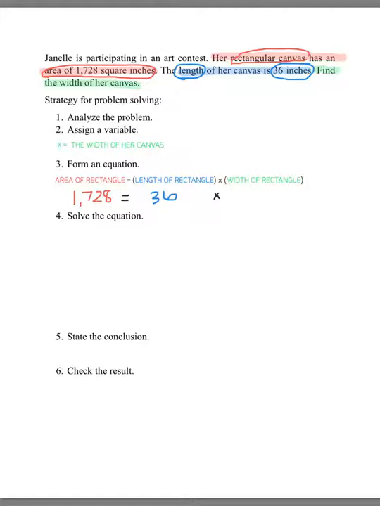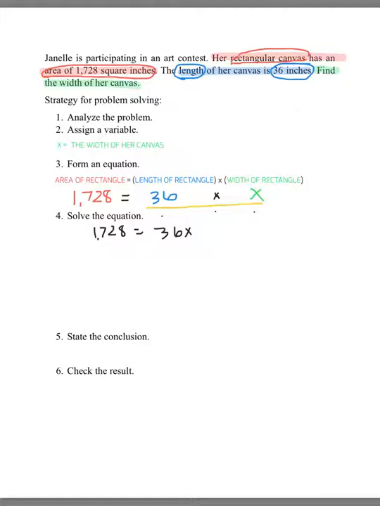Well, for that, we don't know the actual value, but we're going to use the variable x. So now on the right-hand side, we have 36 times x, and that's just the same thing as 36x. So when we solve our equation, we're going to bring this equation down. So it's 1,728, and that's equal to 36 times x, which is simply 36x.